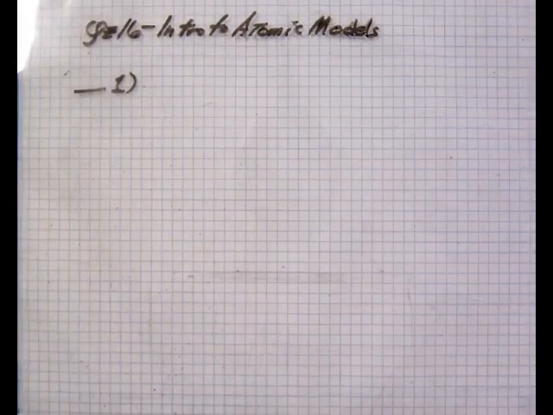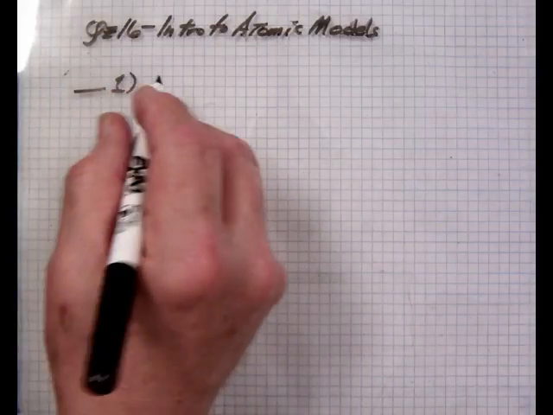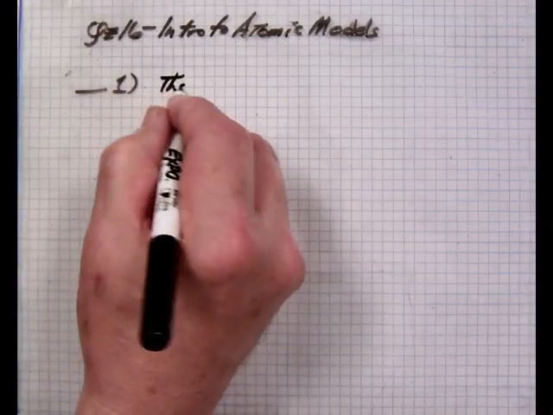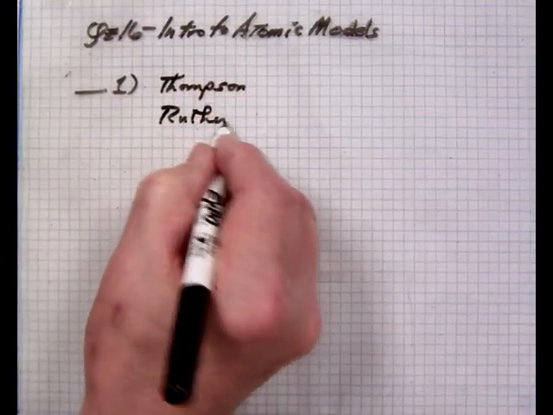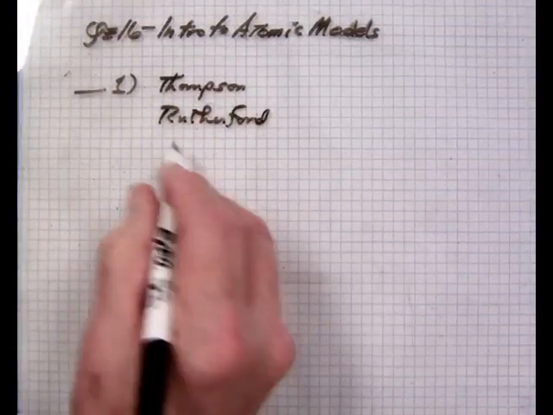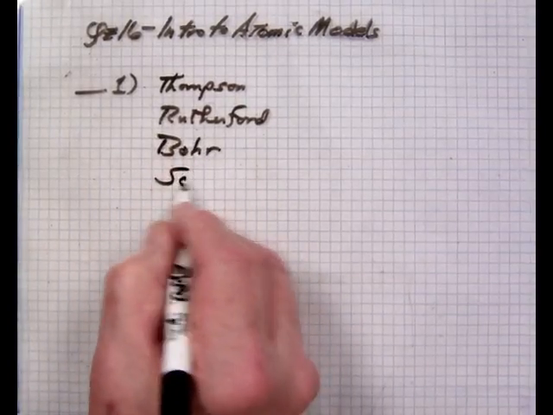Better. All of the following are atomic models except Dalton. Dalton postulated the atomic theory, but he didn't postulate any structural concepts of what an atom might look like. Just to review these: Thomson, Rutherford, Bohr, and the one we'll talk more about today is the Schrodinger.